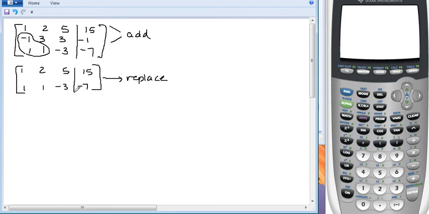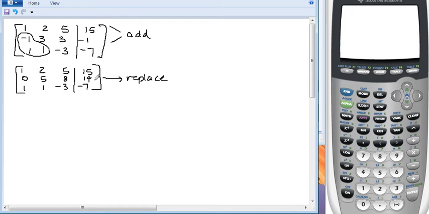I'm going to add these. I'm going to add a 1 and a negative 1 for 0. And I'm replacing this row with the sum. I'm going to take a 2 and a 3 for 5. A 3 and a 5 for 8. And a 15 and a negative 1 for 14.